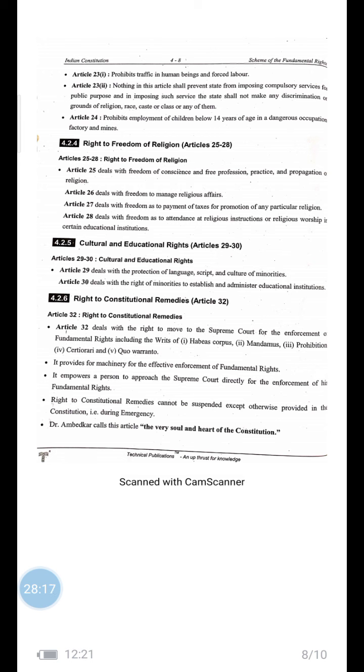The right to constitutional remedies cannot be suspended except as otherwise provided in the Constitution during an emergency.